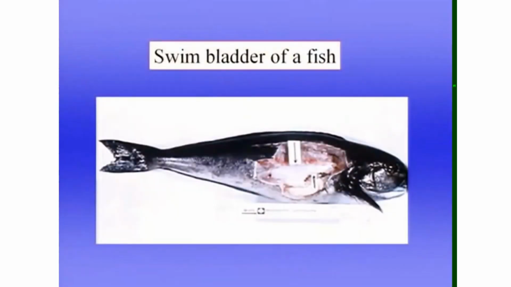One of the reasons why he felt that this was likely is that he was aware of the swim bladder in the fish, which is shown here. The swim bladder is the organ that regulates buoyancy in the fish. And he was aware of the fact that the partial pressure of oxygen in the gas in the swim bladder could be far above the partial pressure in the water surrounding the fish.